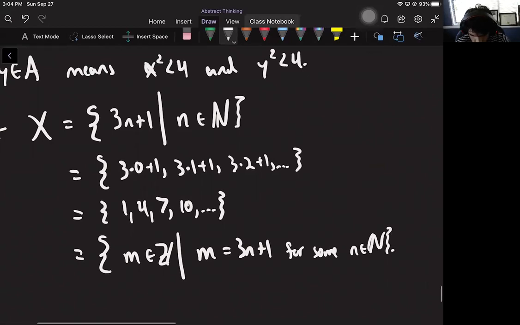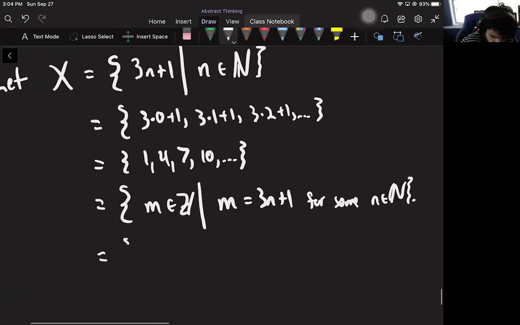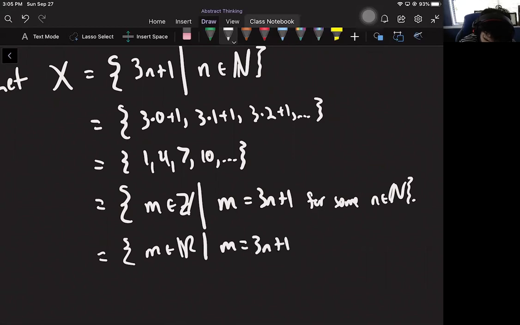And that's describing the same thing. And in fact, I could change this to real numbers because it's not going to actually add any more. It's going to be the same set. And that's because this property is still defining the numbers that are in the set. So any of these actually result in the same thing.